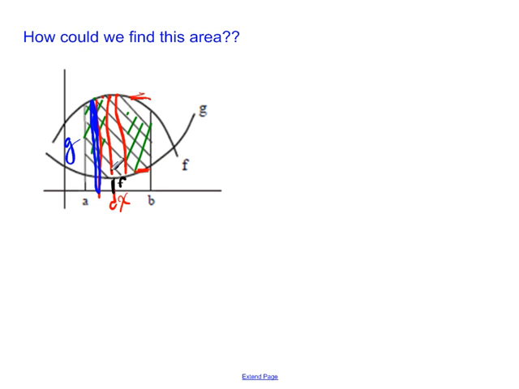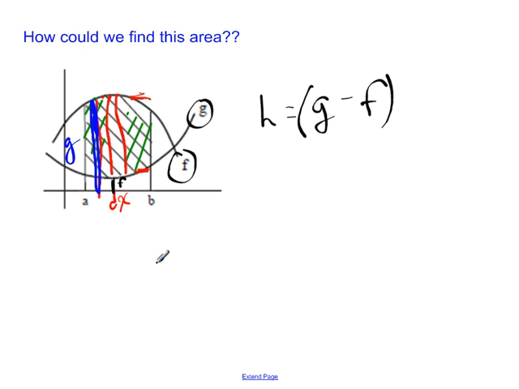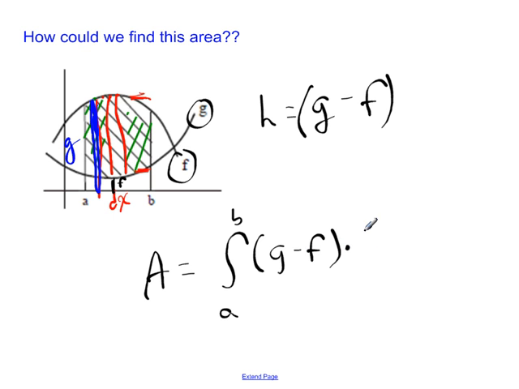So the height between g and f is going to be, our height is the difference of g minus f. So the area then would be the integral from a to b of our height, g minus f, times our width, dx. Not too hard. Let's look at an example problem of this.